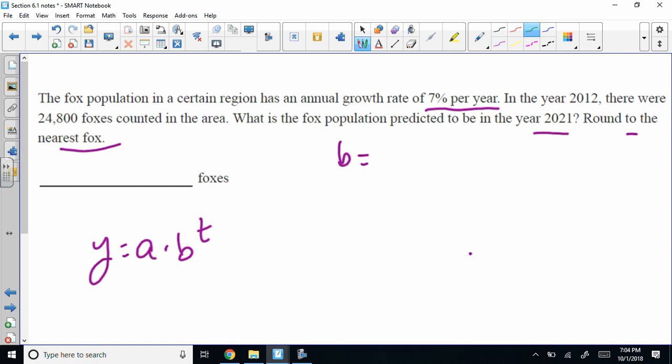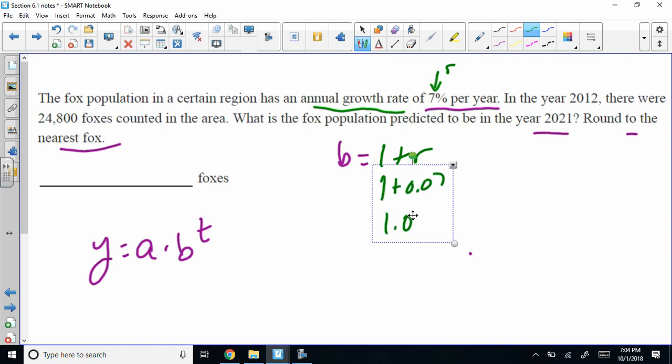Because this is a growth, b is 1 plus r, and this happens to be the r. So that's 1 plus 0.07, which is 1.07. That takes what they have plus a 7% increase.